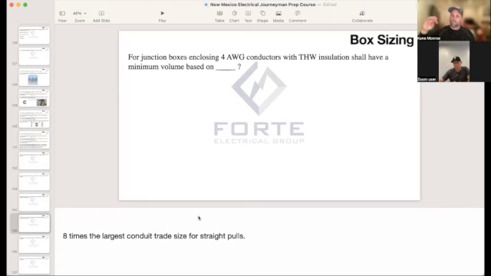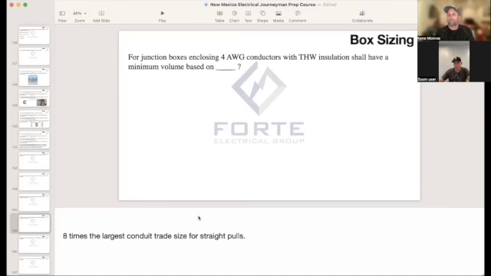So it'd be 2 times 8, your largest conduit, and then you add the 2 more, one for each 1-inch conduit. So you'd have an 18-inch minimum size on that box, because you'd have 2 times 8, 16, and then you add those 2 other 1 inches coming in.